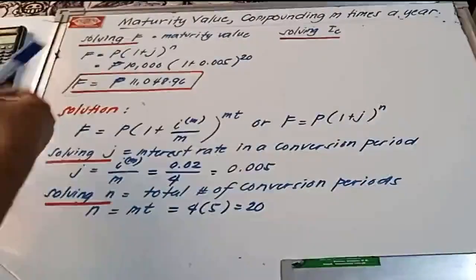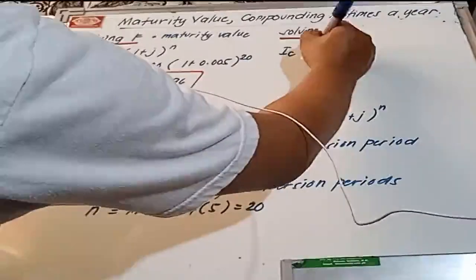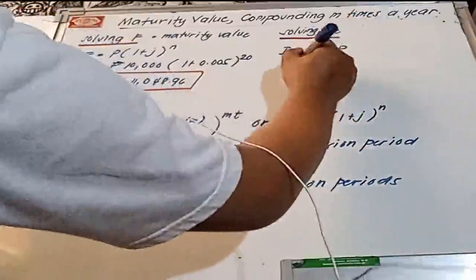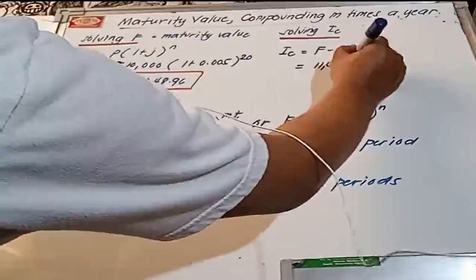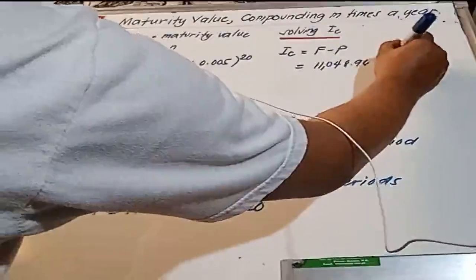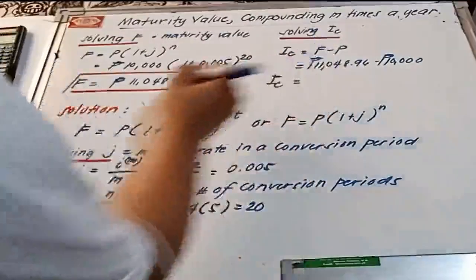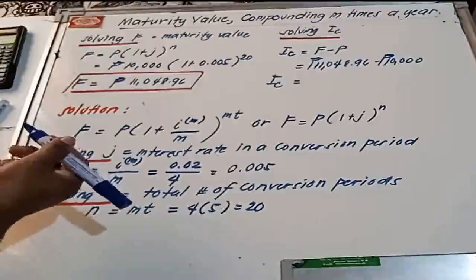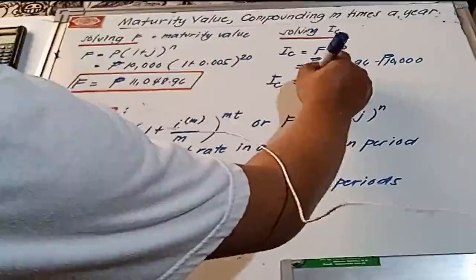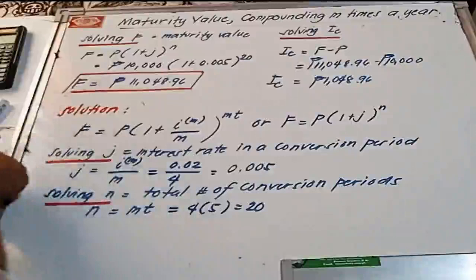Ano yung compound interest? So, that is just simply the difference of the future value and the present value of money. So, that is 11,048.96 minus 10,000 pesos. So, the interest na nakuha ng taong ito na nag-deposit ng 10,000 sa bangko is 1,048.96 pesos.